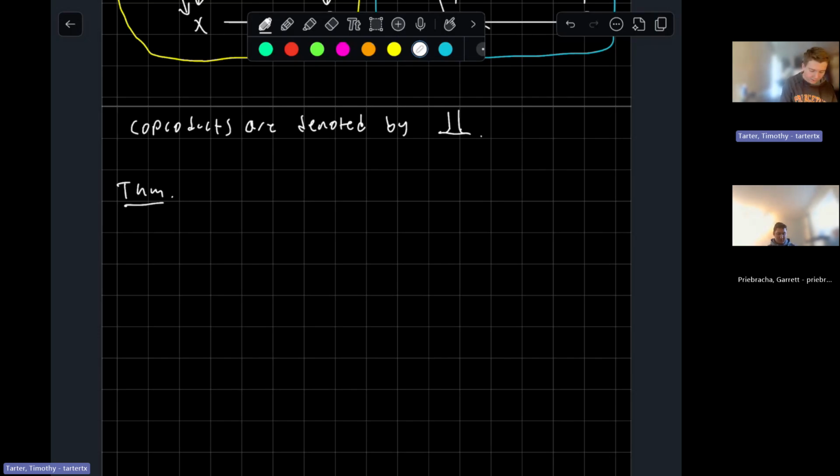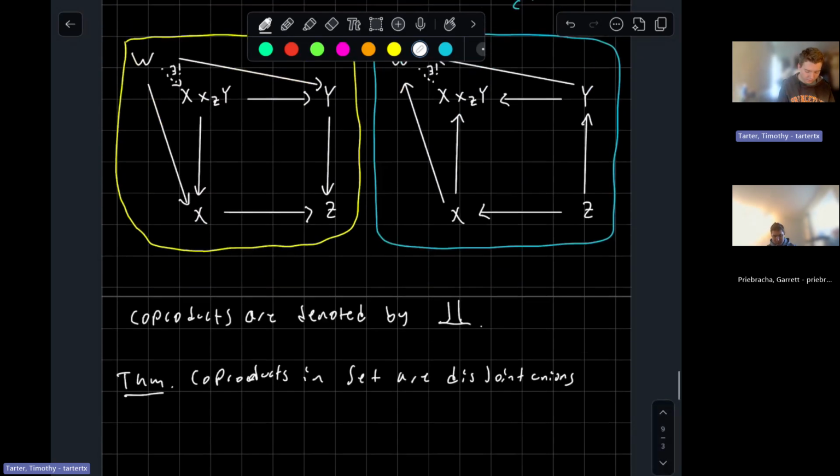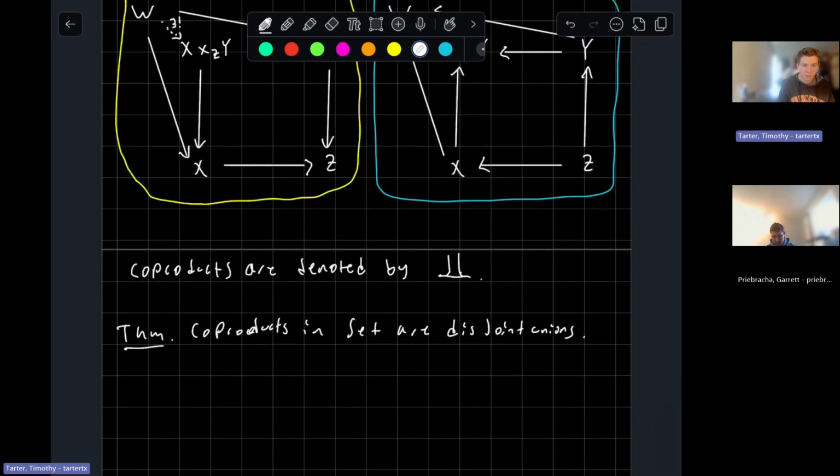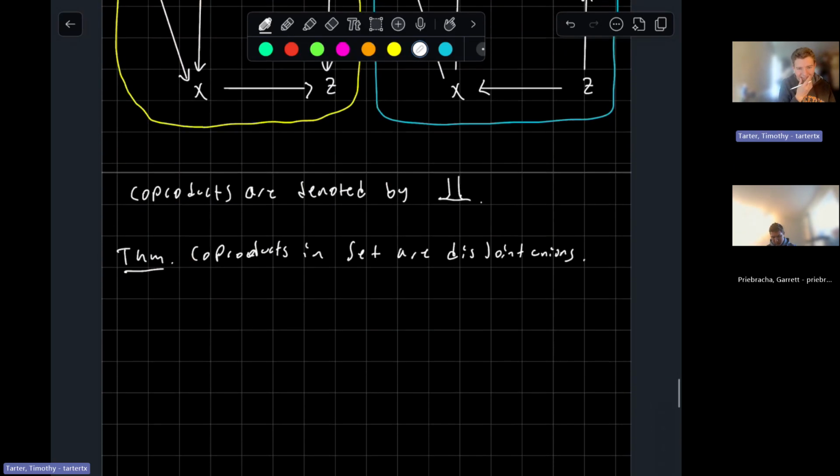Theorem: coproducts in the category of sets are disjoint unions. In the category of sets, morphisms between sets are just functions.